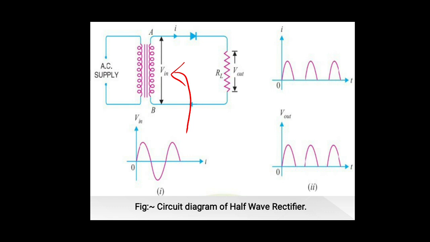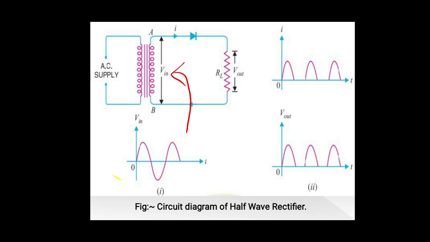The AC supply is applied to the primary winding of the transformer, and the secondary winding of the transformer is connected to the diode and load resistance RL.